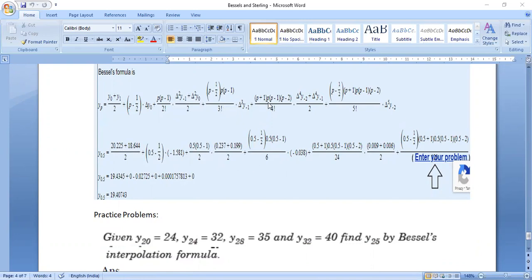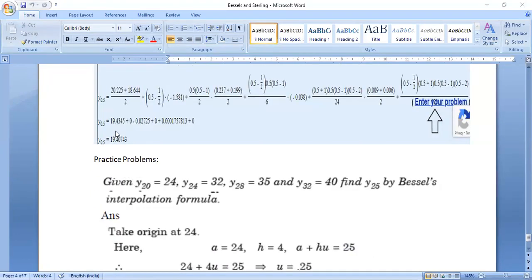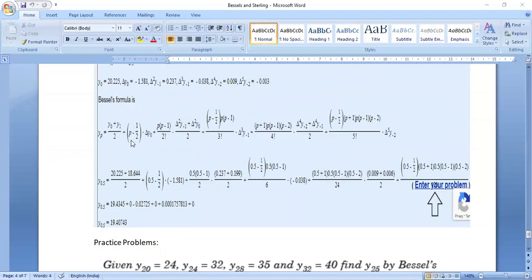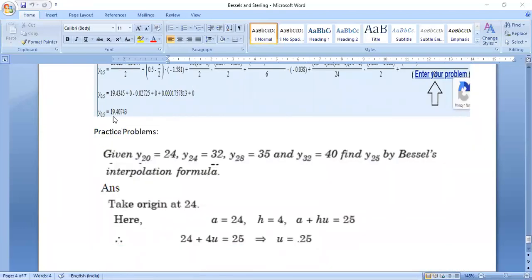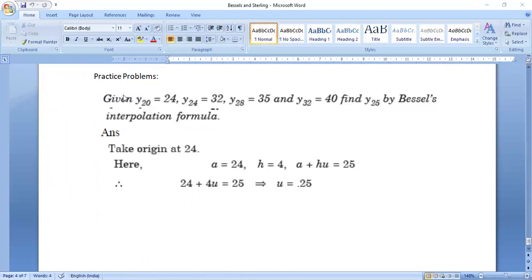Next, in the fourth term we are substituting the value of p, and simplifying the terms we are getting y of 0.5 is equal to 19.4345 plus 0.02725 plus 0 plus 0.0001. Therefore, the final answer is y of 0.5 is equal to 19.40743. So, if x value is equal to 3.75, the y value becomes 19.40743.